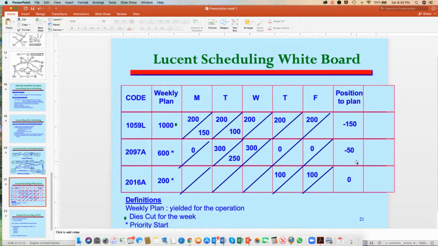If you're ahead of the plan, don't do the easy job, do the jobs that you're behind. So this way we have an even schedule. Okay, so this is another example of solving production problems using process mapping.